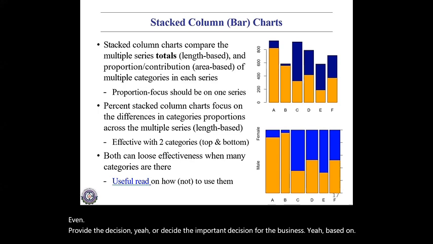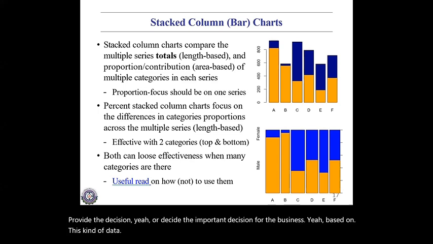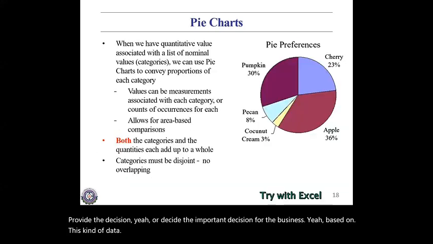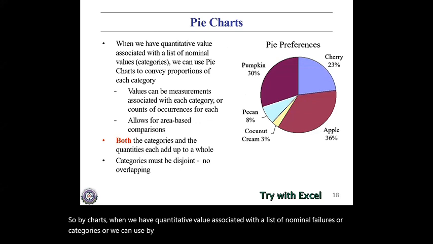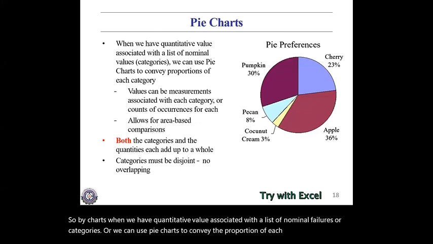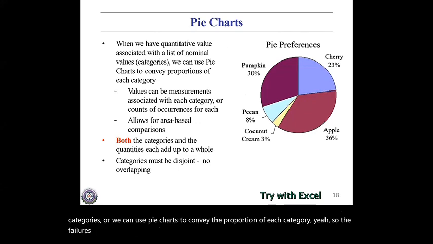this kind of data. So pie charts are used when we have a quantitative value associated with a list of nominal values or categories. We can use pie charts to convey the proportion of each category. The values can be measurements associated with each category, or count of occurrences for each category.